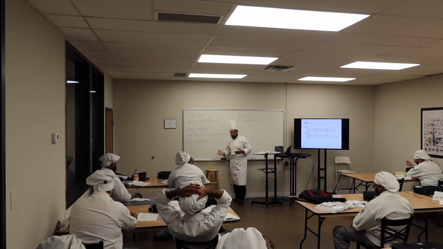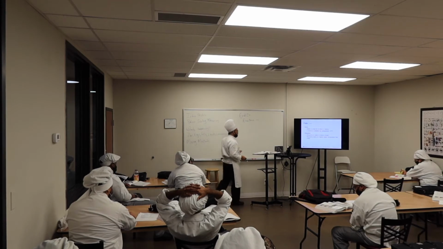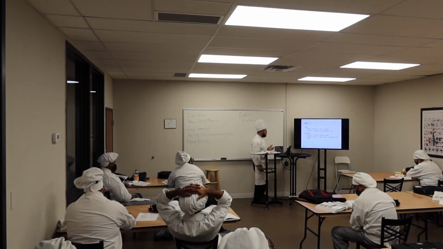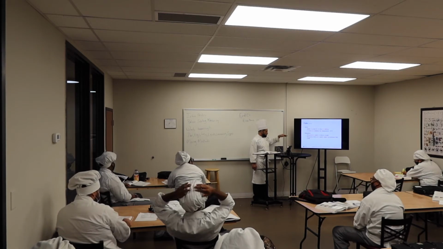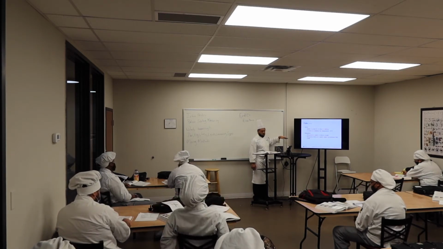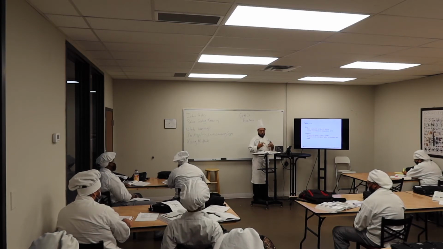Some places will use margarine, but it's different things, hydrogenated. But because it melts at a slightly higher temperature, some people like to use it because it's easier to work with before you start losing that.